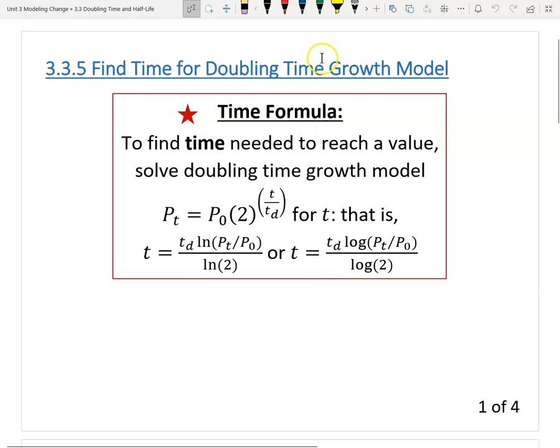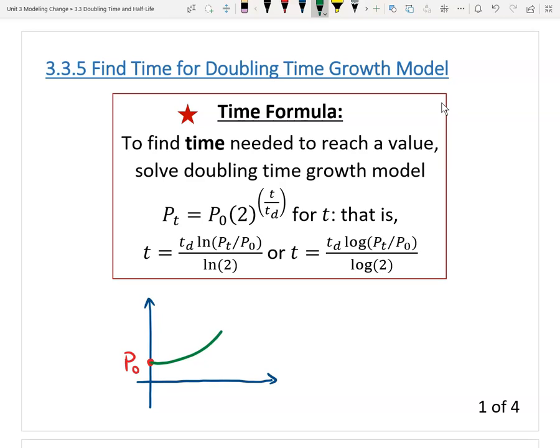Now, let me draw a graph to show you the meaning. If this is the time, and this is the y value or population, and this point is the initial value, p0. If we know the doubling time growth model, let me draw the graph.